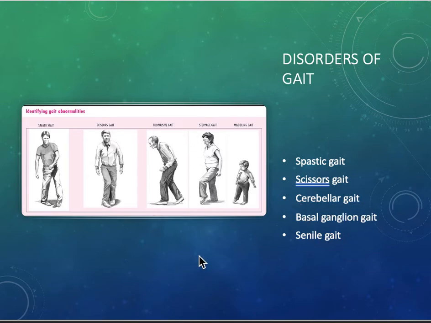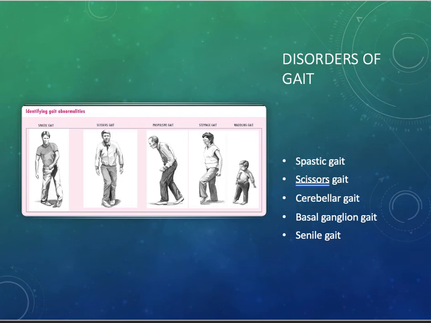So that's that front-leaning, stooped over posture that we see with people with Parkinson's. Okay. And then the cerebellar gait is when you are very unstable, when you're very uncoordinated. Remember, we talked about how your cerebellum is what makes you coordinated, right? So a cerebellar gait is you look like you're drunk, basically.